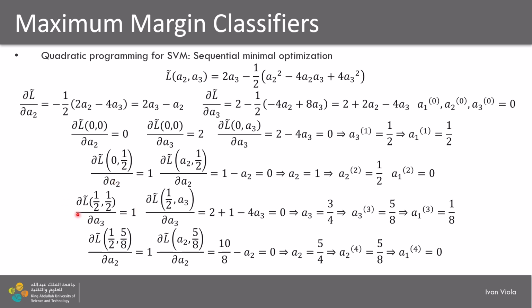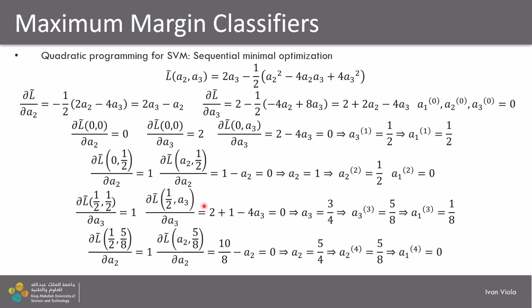In the third iteration, we have a look at the partial derivative with respect to A3 if we have the values 1/2, 1/2 for both A2 and A3. And that is equal to 1. We can see here 2 plus 1 is 3, and then minus 4 times 1/2 is 2, 3 minus 2 is 1, so we can still increase A3.